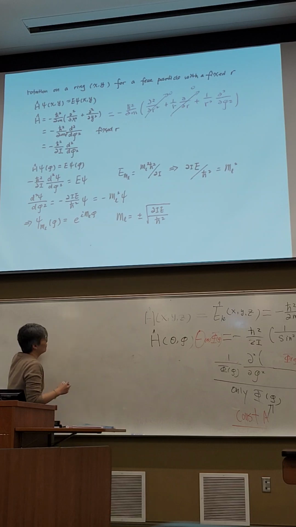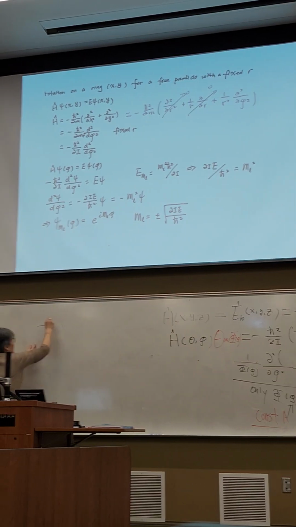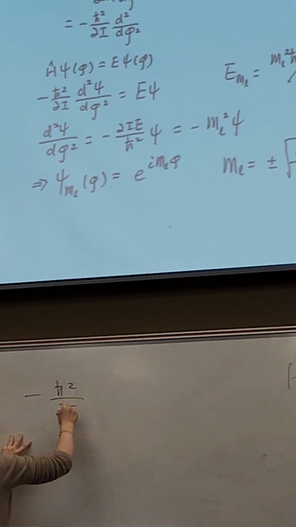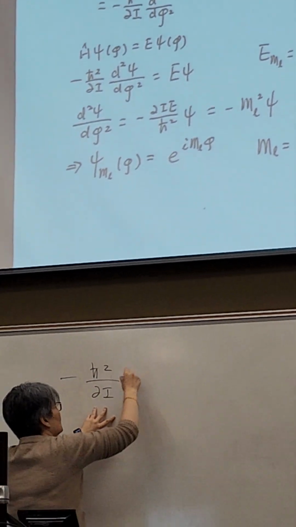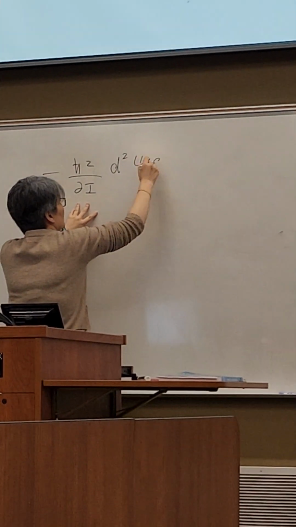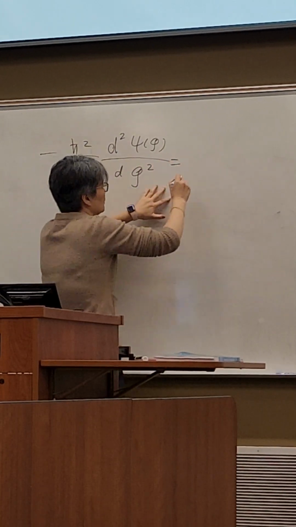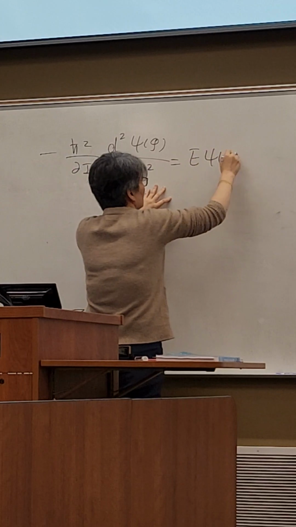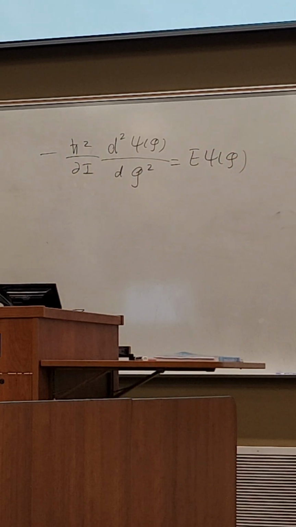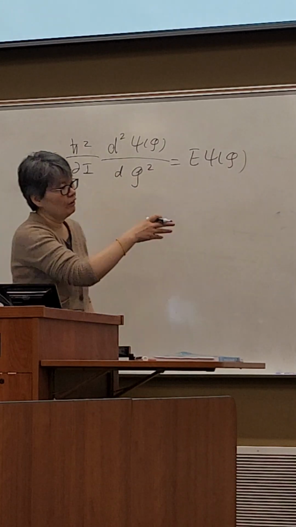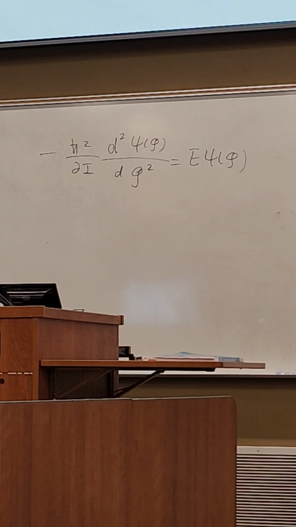Right, so if I write it out here, this is your Schrodinger equation for the rotational motion in a two-dimensional system. Okay, now I know it's very far. What do we have on the other end?